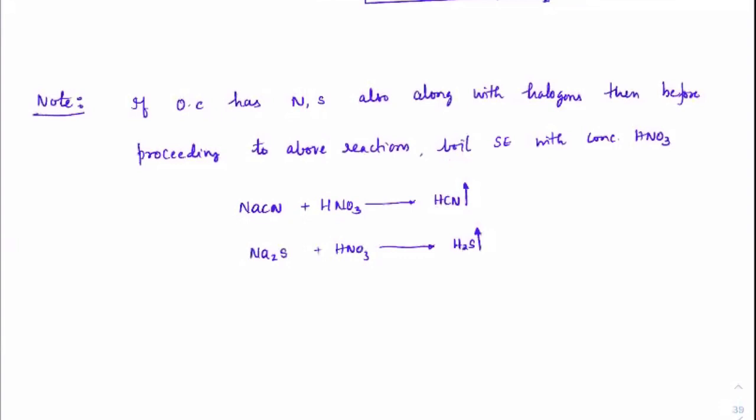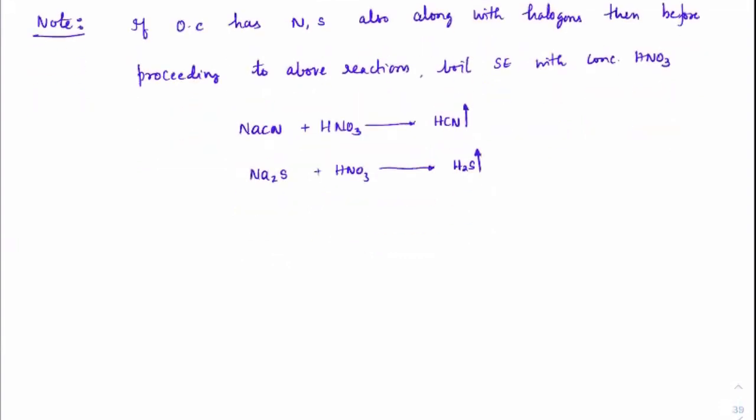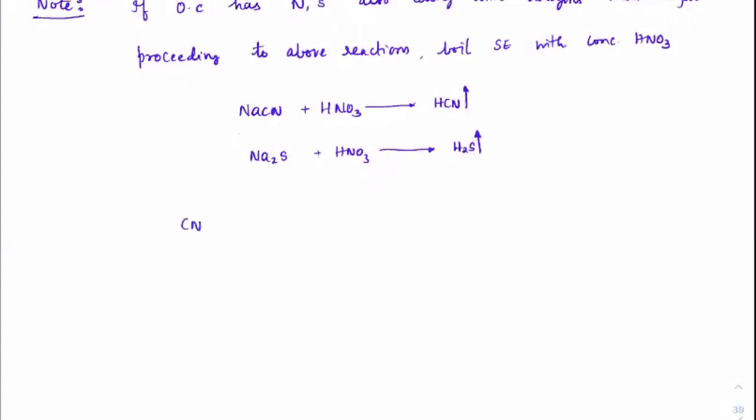Why is it important? Because CN minus and S2 minus will also form precipitates with Ag plus or Pb plus 2. Correct? We will get AgCN precipitate, Ag2S precipitate, Pb(CN)2 precipitate, PbS precipitate.